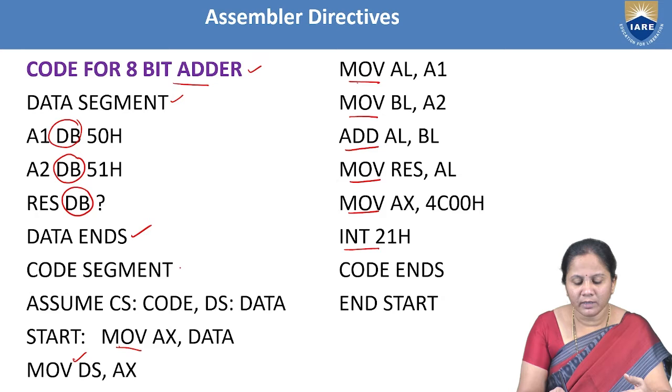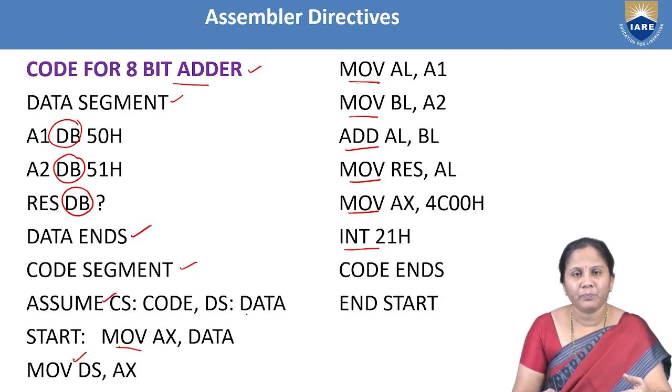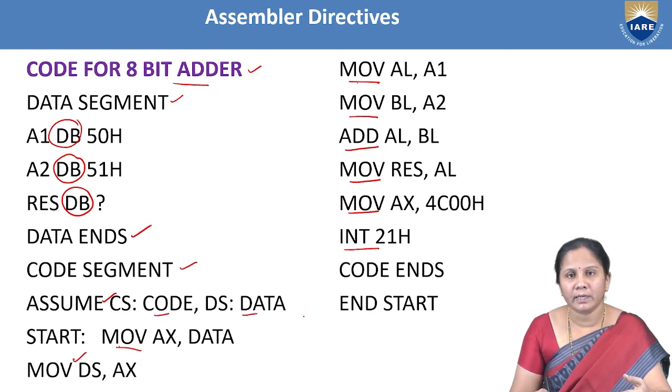Then CODE SEGMENT, and next ASSUME CS colon CODE and DS colon DATA. Also CODE ENDS and END START. So all these instructions, which we did not learn up to now, we did not study in the instruction set of 8086 microprocessor. So these are called special instructions.